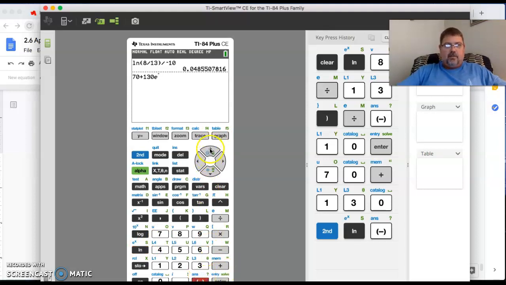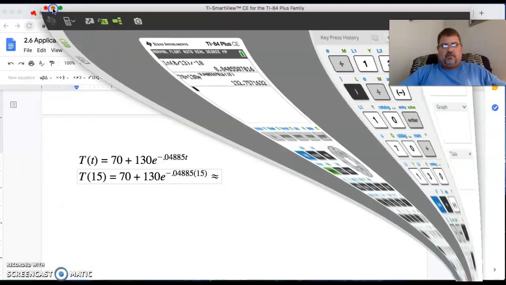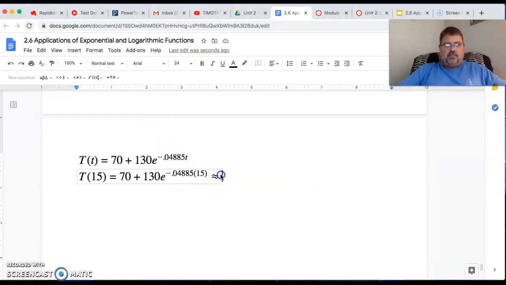I'm going to come up here and grab that value, and that's going to put it in there for me. And I'm going to multiply that by 15. And let's see what we get. So it looks like it'd be about 132.8 degrees or something like that. Whatever they're asking for with accuracy. 132.8.